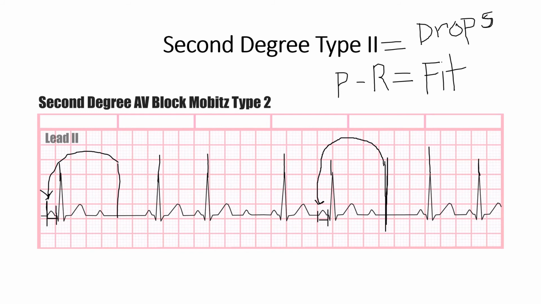There you go. And that's going to be true for everyone. So if you're good at identifying drops, which most of us are, our eyes pretty much guide us there, do not use PQRS to determine your drops. And that's where most people get in trouble. I want you to focus on the R to R interval. Okay.